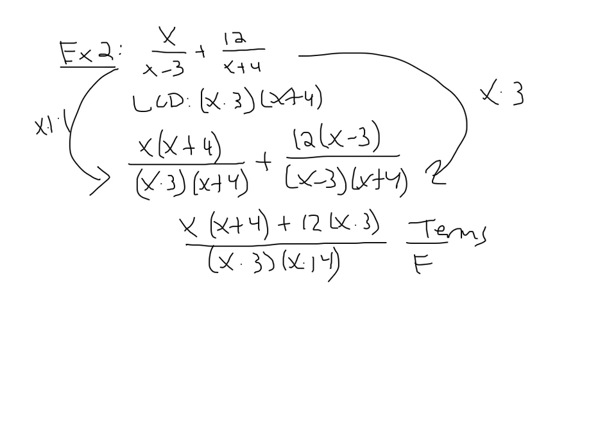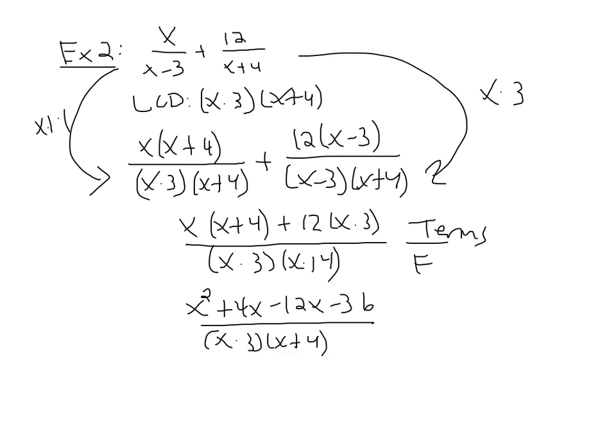So in this case, simplifying the numerator means distributing. So x squared plus 4x plus 12x minus 36. Combine some like terms. x squared minus 8x minus 36. And then our notes, if you look at them, say refactor the numerator if possible.